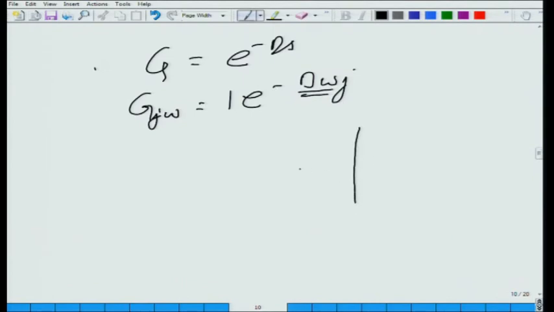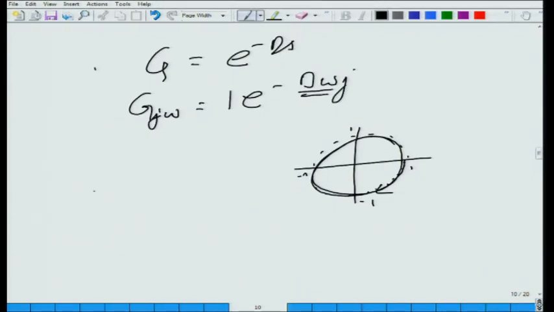So, the magnitude is 1, this is the unit circle, this is 1, this is minus 1, and the angle keeps going more and more negative. So, the Nyquist plot looks like this, you just keep going round and round in circles. It is a circle, of course, my drawing is not so good, forgive me for that.